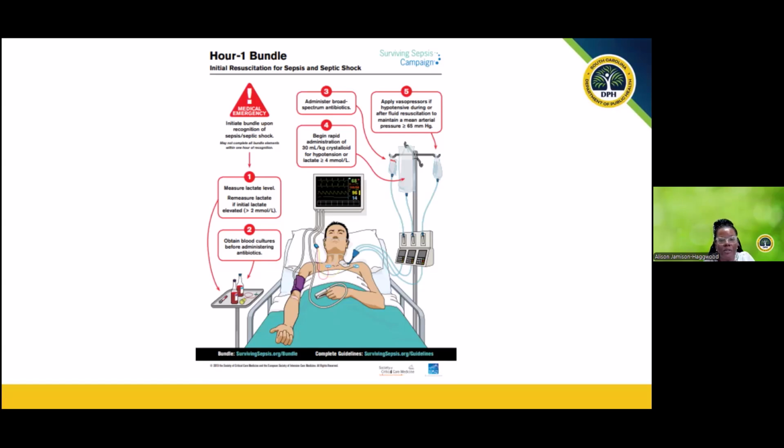Administer broad spectrum antibiotics. Begin rapid administration of crystalloid for hypotension or high lactate levels. And then applying those vasopressors if they're hypotensive and it's not being resolved with the fluids.